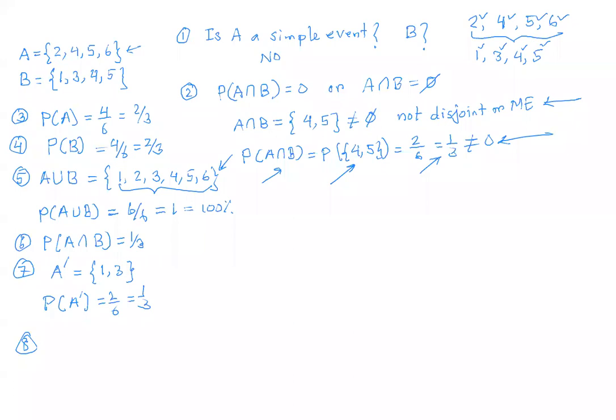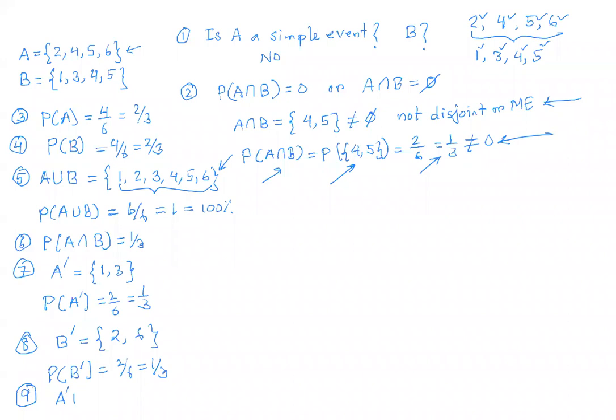Number 8. Probability of B prime we are looking for, but what is B prime first? B prime is 2 and 6. So the probability of B prime is 2 out of 6, or 1/3. What is the probability of A prime union B prime?